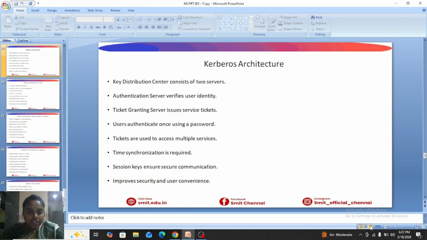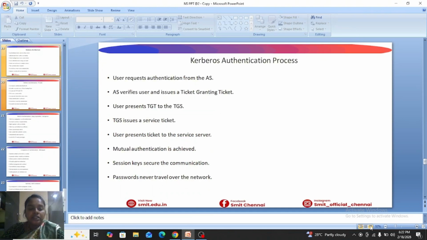The key distribution center consists of two servers. The authentication server verifies user identity. The ticket granting server issues service tickets. The user authenticates once using a password. Tickets are used to access multiple services. Time synchronization is required. Session keys ensure secure communication. It improves security and user convenience.